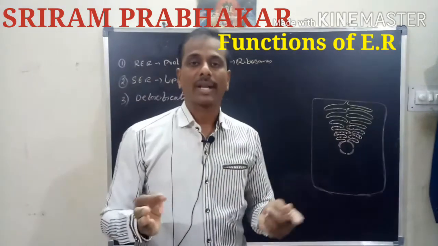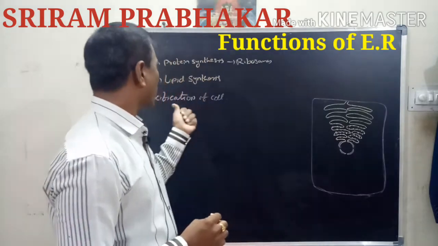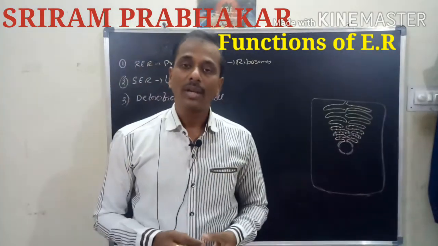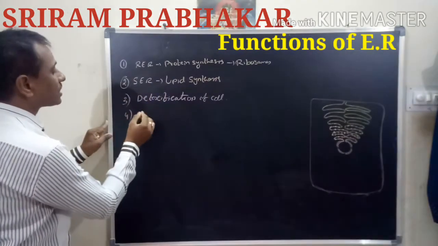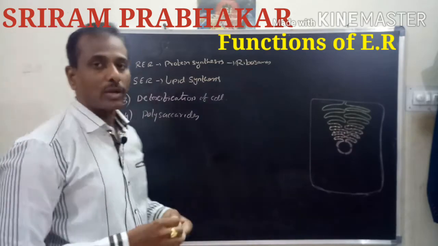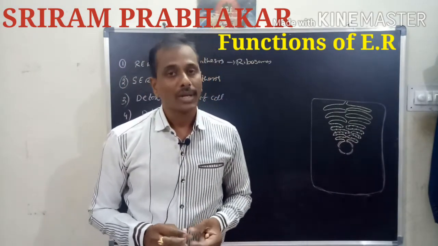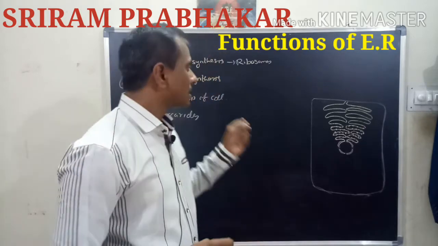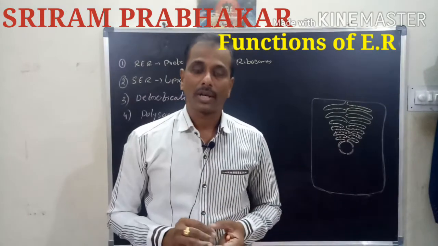It can break down the toxic material inside the cell. That is the work of the smooth endoplasmic reticulum. And also it can help in the synthesis of polysaccharides in the cell. These are the major functions of the endoplasmic reticulum.